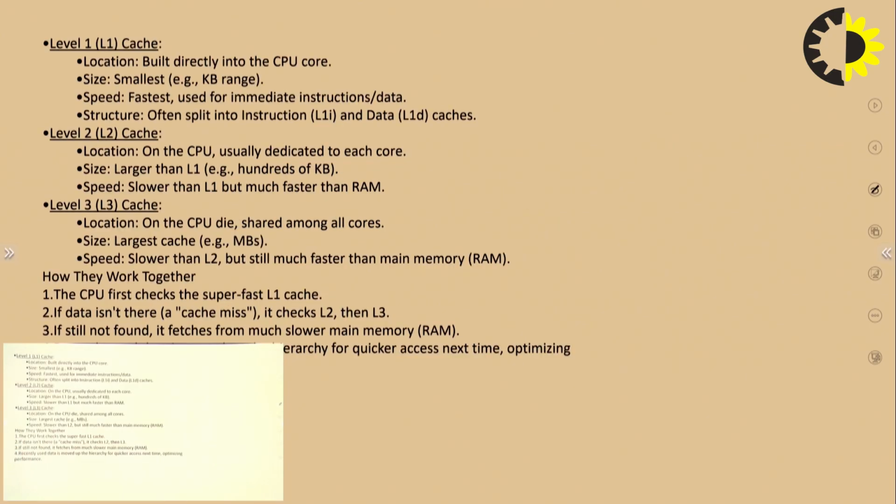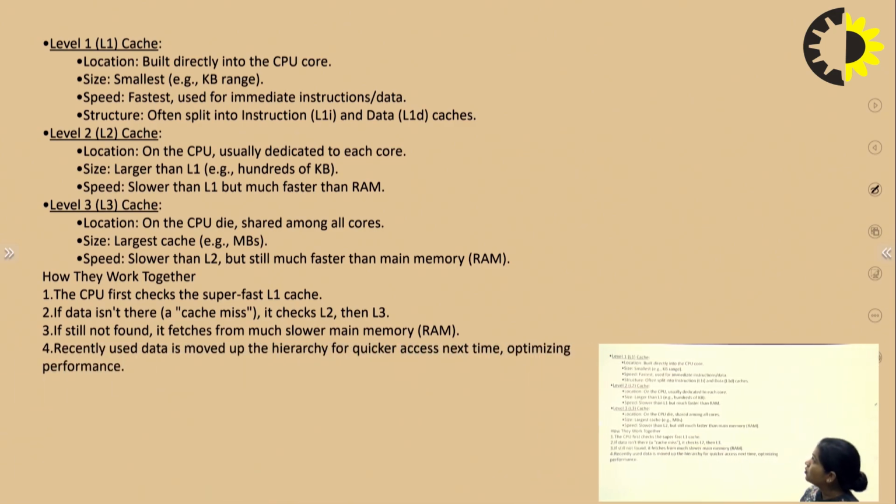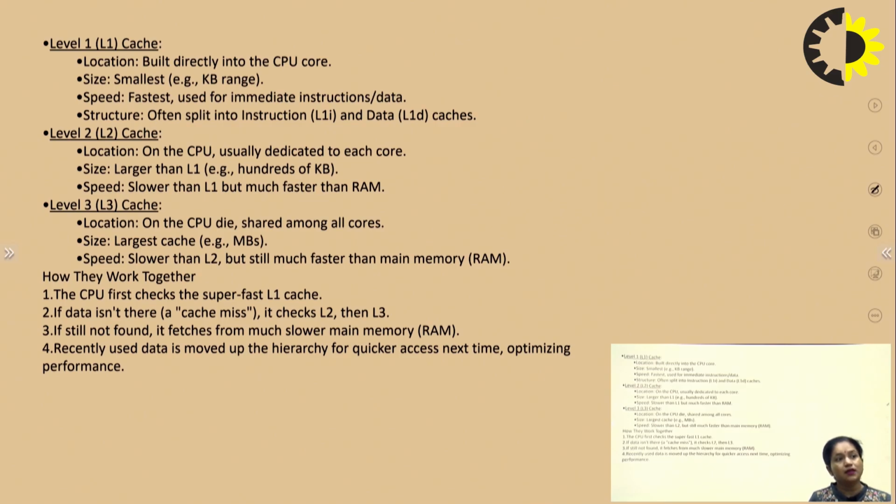Now, as we have seen in the diagram also, level 1 cache memory is basically implemented within the CPU. It is within the CPU and the size will be small, in KB or so. Speed will be fastest because it is within the CPU.